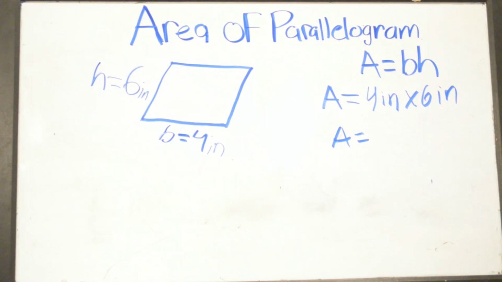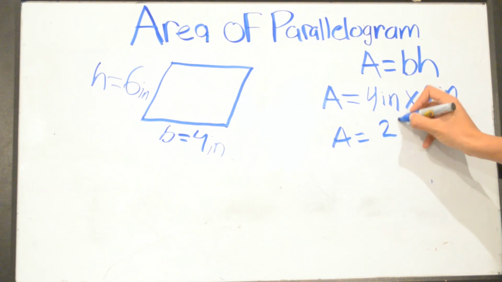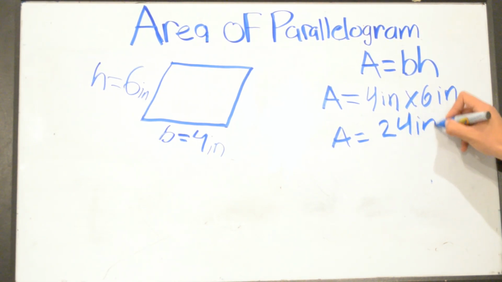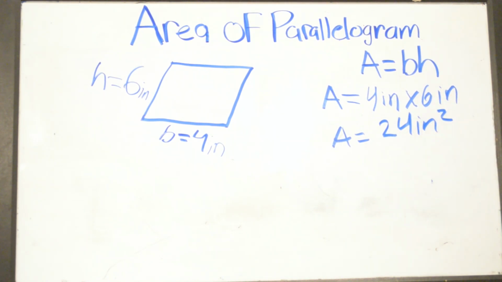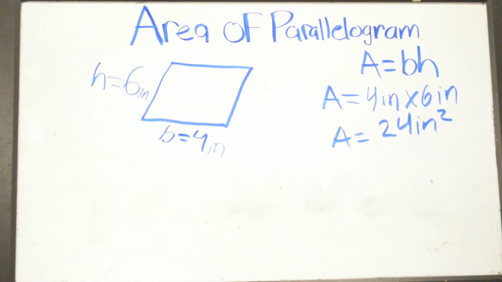Four inches times 6 inches equals 24 inches. So our final answer is 24 inches squared. The reason why our final answer is 24 inches squared is because 4 inches times 6 inches equals 24 inches.